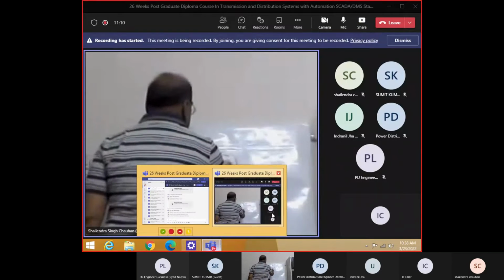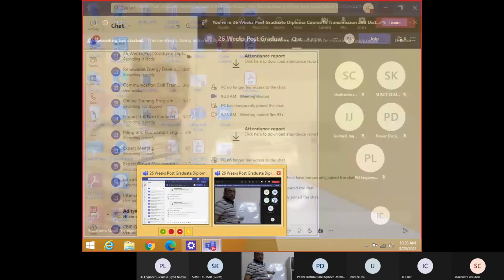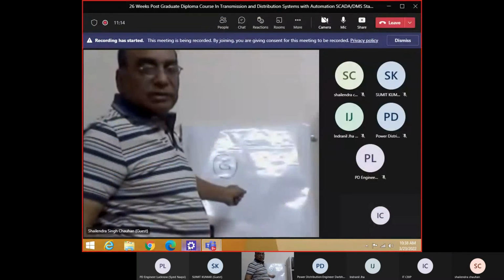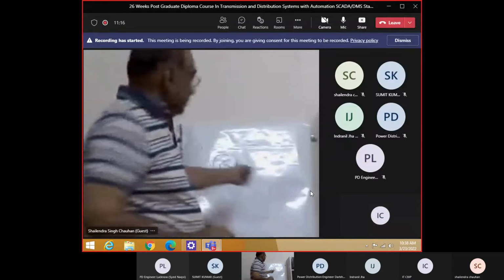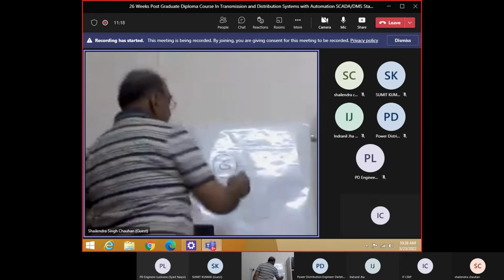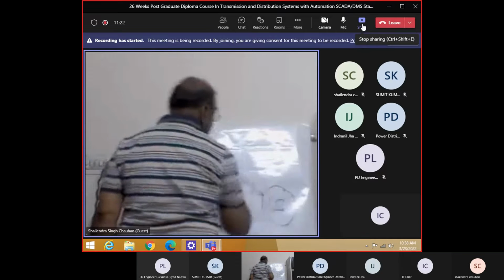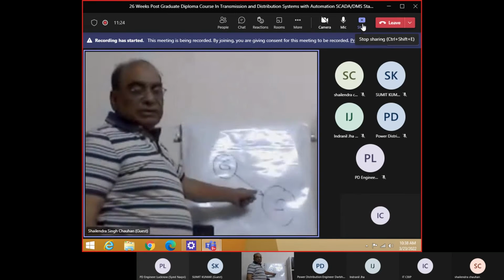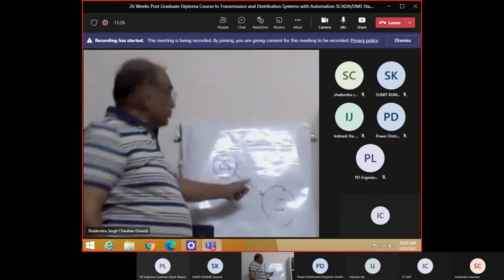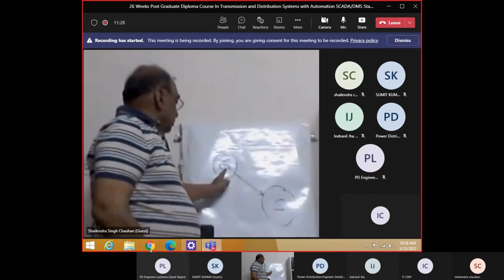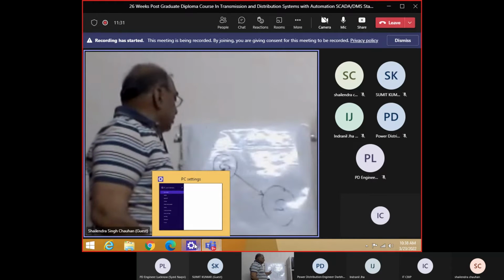If this is the generating station G, can you see it? Yes, sir. Then this is the substation. To connect this with this, a transmission line is required. So this is for evacuating the power.